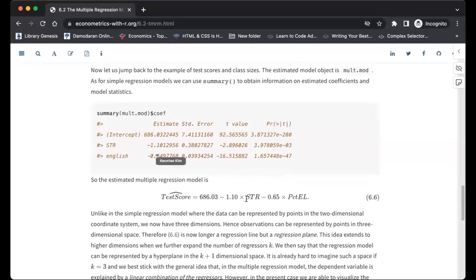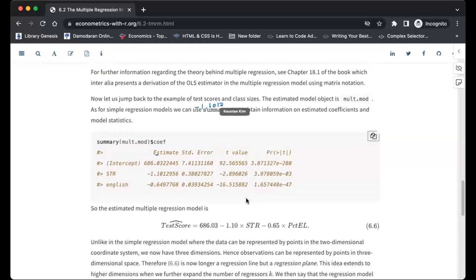When you divide minus 1.1012 by 0.380, that actually gives you a negative t value.